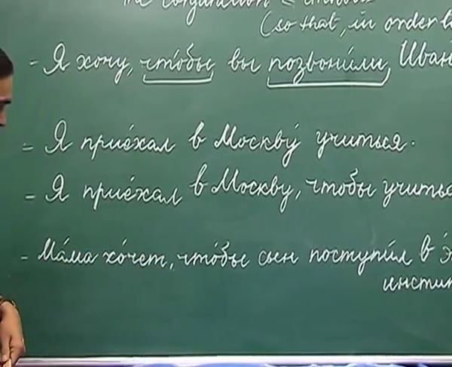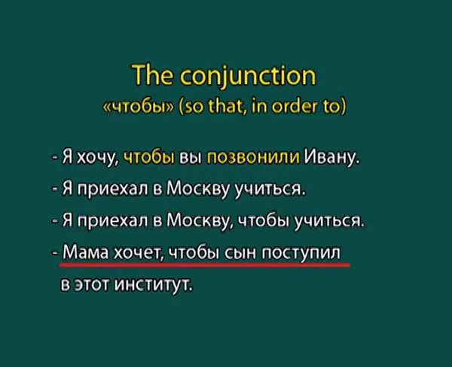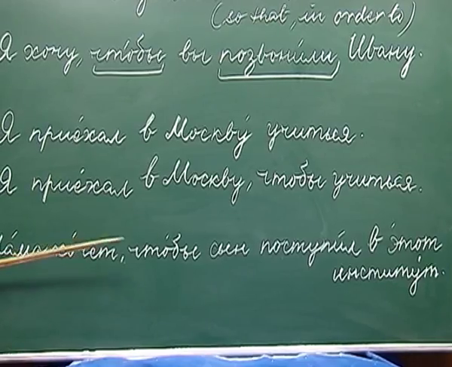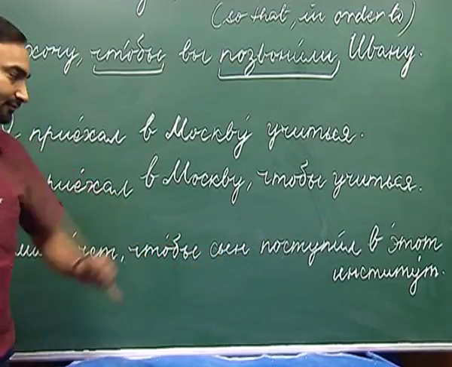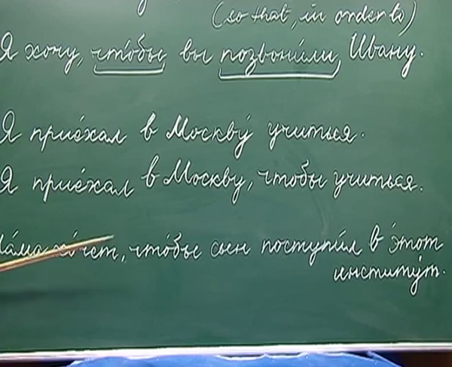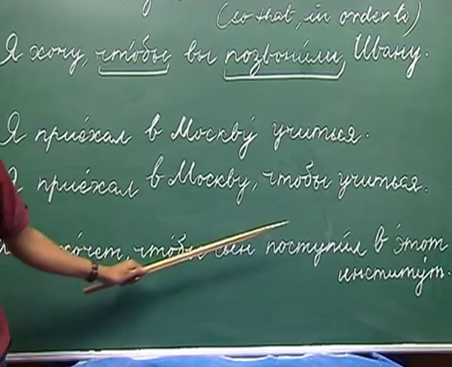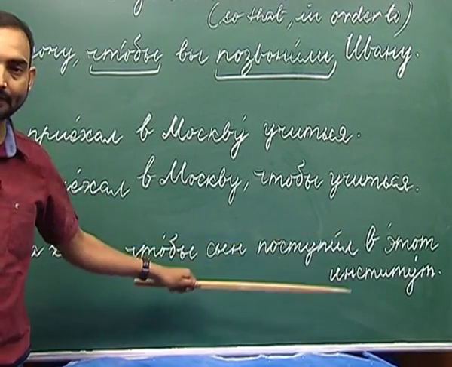Some more examples. Мама хочет, чтобы сын поступил в этот институт. Mother wants her son to take admission in this institute.